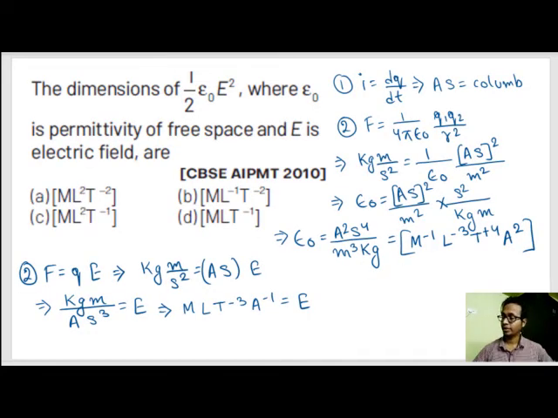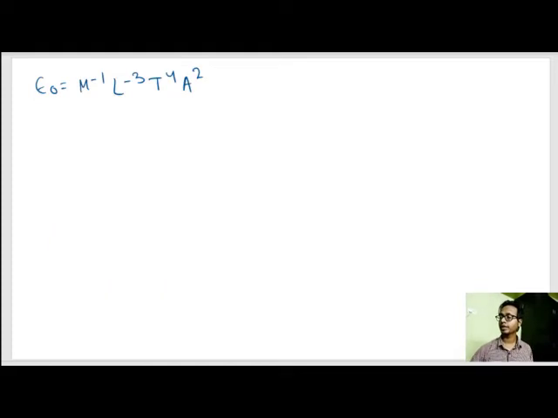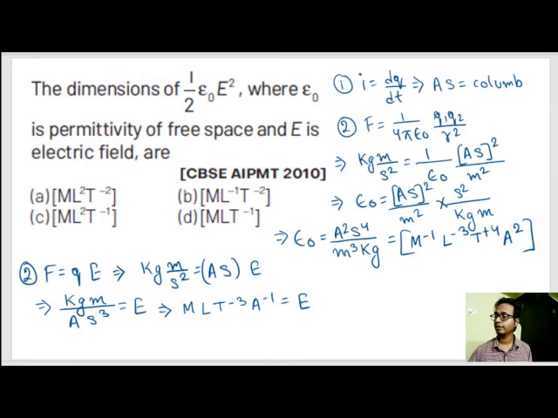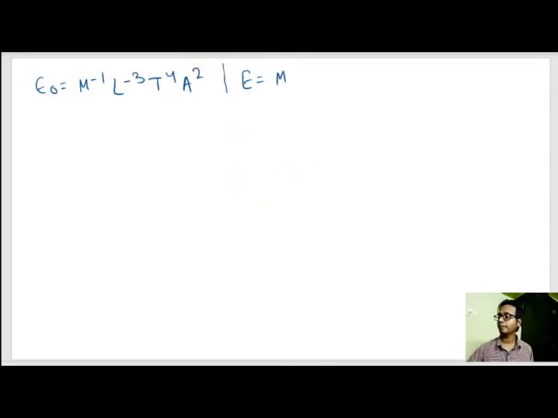And E was given as m L T to the power minus 3 A to the power minus 1.